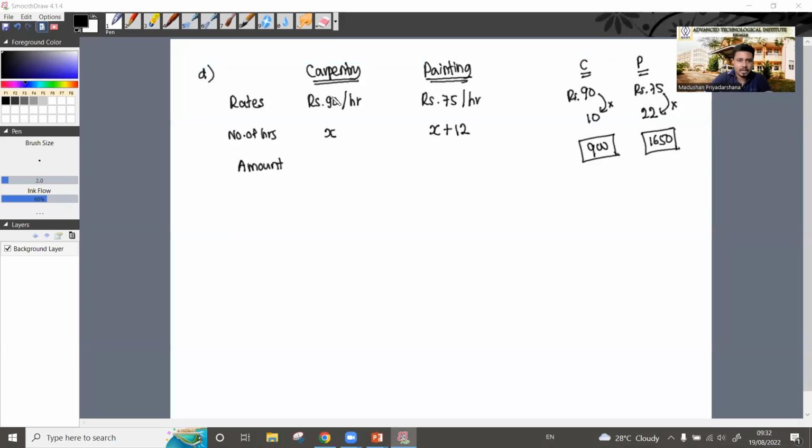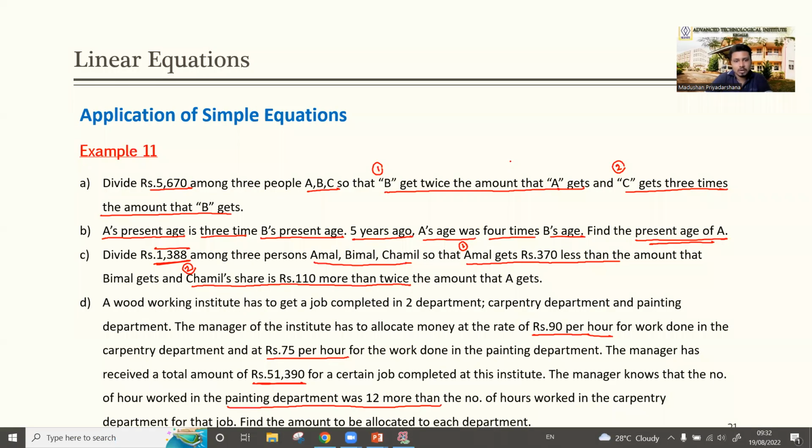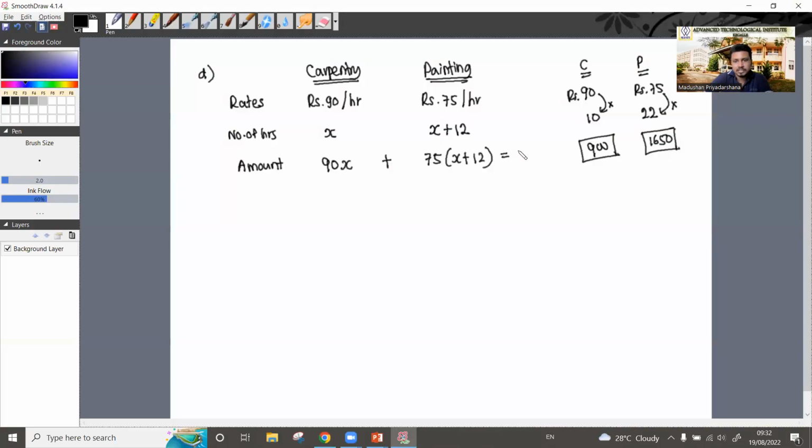The rate per hour is 90 rupees. x hours have been worked. So 90 into x becomes 90x. Here the rate per hour is 75, and the hours worked are x plus 12. So 75 into x plus 12. Once we add these two, that should equal the total amount received by the manager, which is 51,390 rupees.